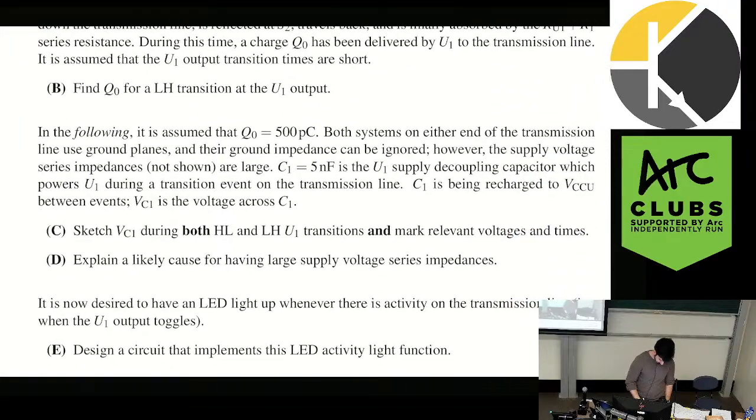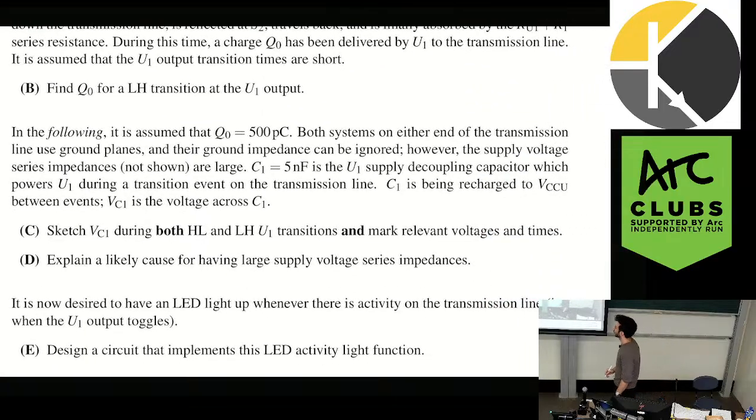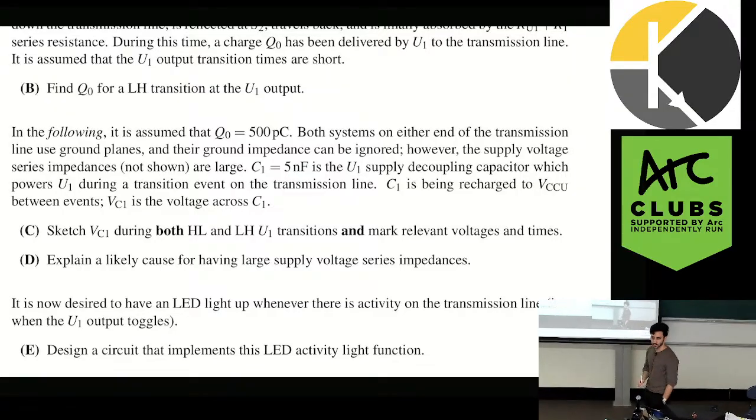So, explain a likely cause for having large supply voltage series impedances. So we can just talk about this one. Why do we have such large inductances on these wires? What's the likely cause? Yeah. So just the longer the wire, the more inductance we'll have along the wire.